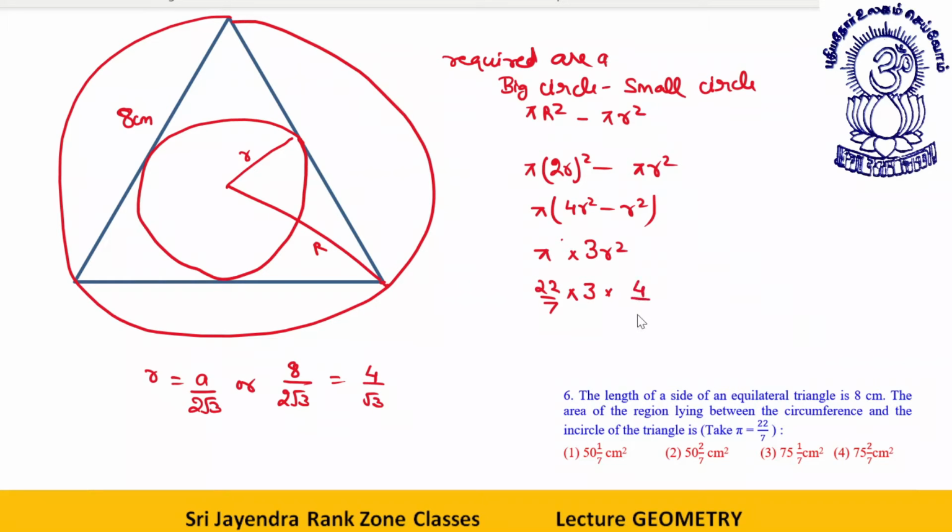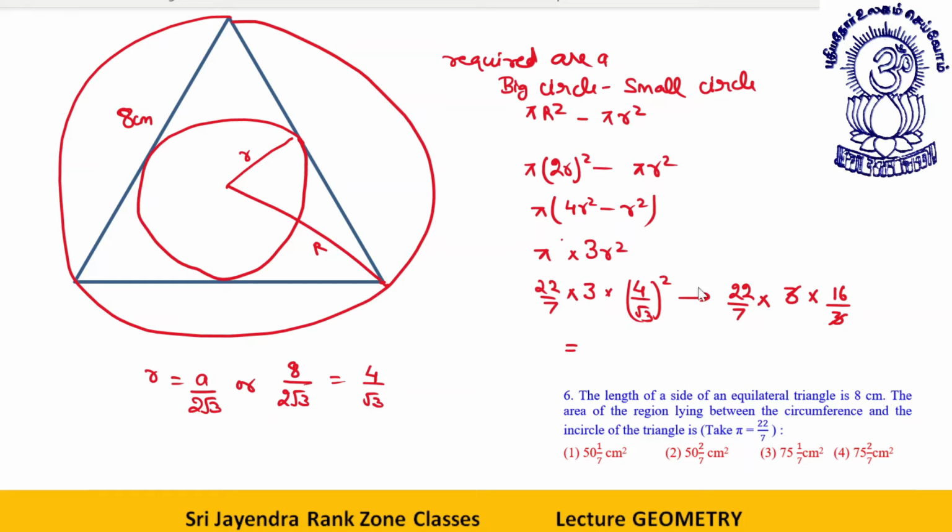So it is 4 by root 3 squared. That gives me 22 by 7 into 3 into, now this 4 by root 3 squared is 16 by 3. 3 and 3 cancel. So that gives me 22 by 7 into 16. So far, clear to all? Okay.